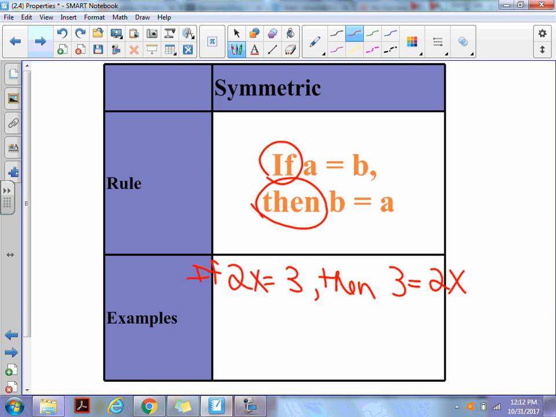It's not the order, it's the side of the equals. Okay. If segment AB is equal to 5, then 5 is equal to the length of AB. That's your symmetric property.